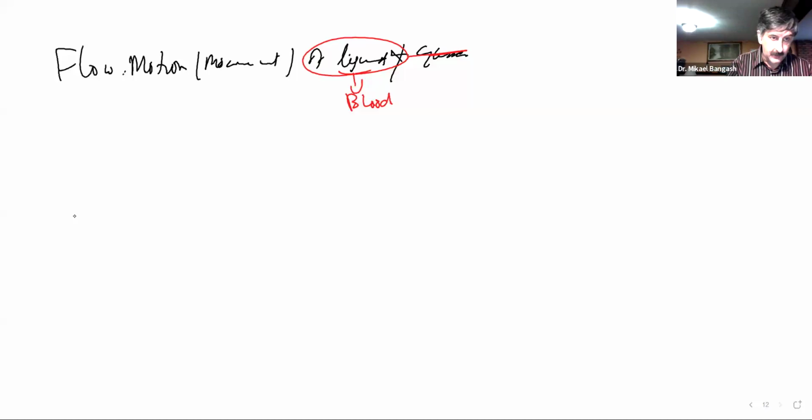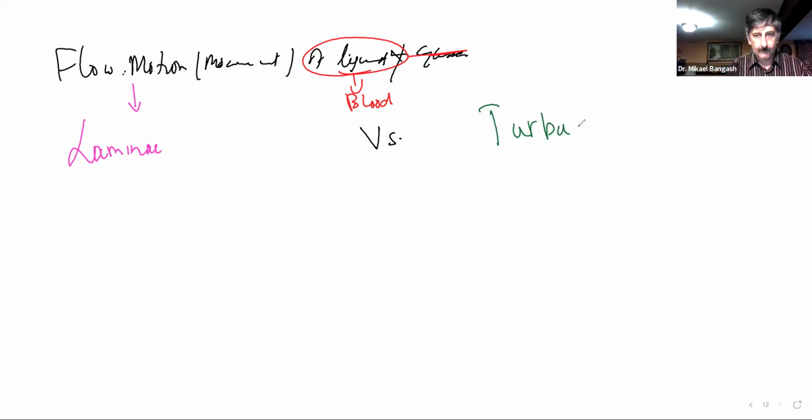Now, guys, there are mainly two types of flows that we will be looking at. One is what we'll call laminar, and we're going to compare that to what we'll call turbulent.